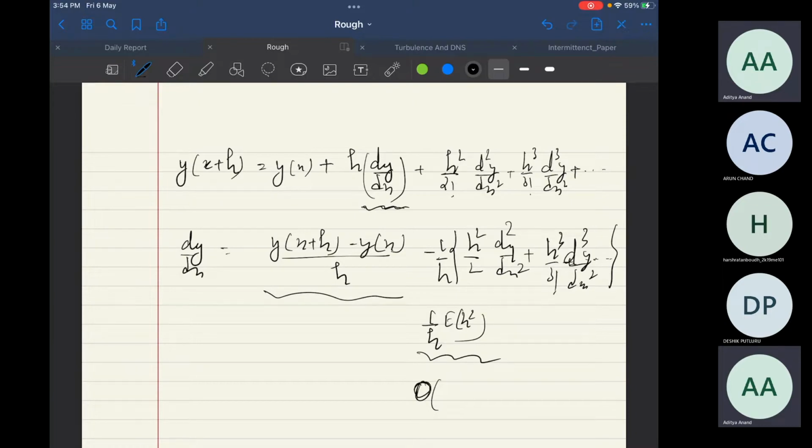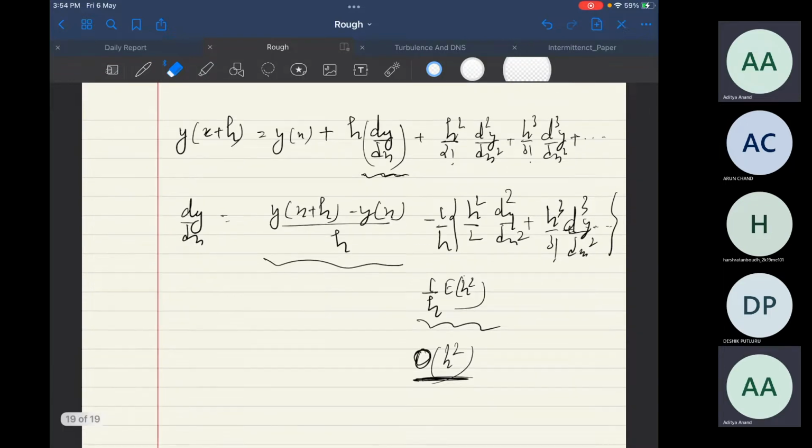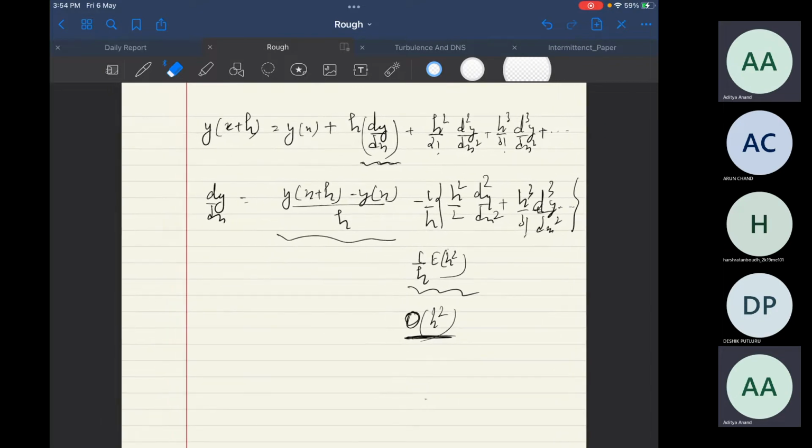If you can write it in this form, the errors are said to be of that order. Likewise, for the central difference scheme, you'll have the error which is of the form h to the power 4. Let's see. I shouldn't have forgotten these.